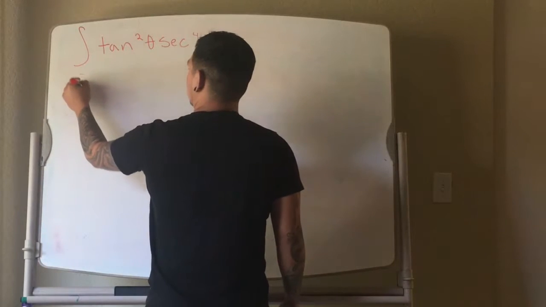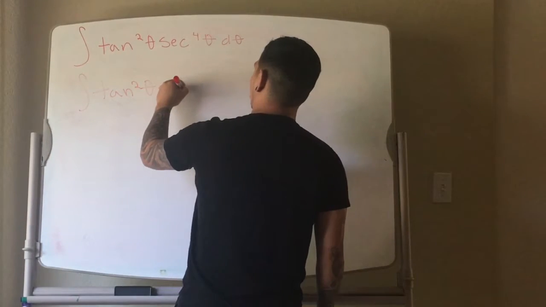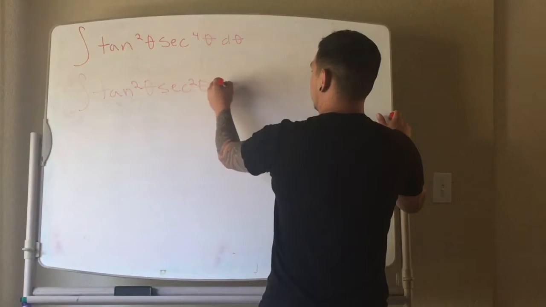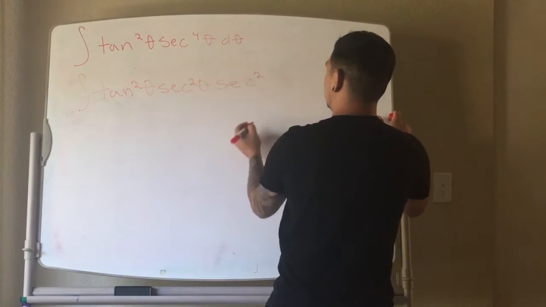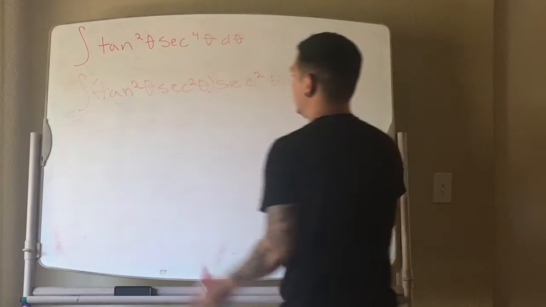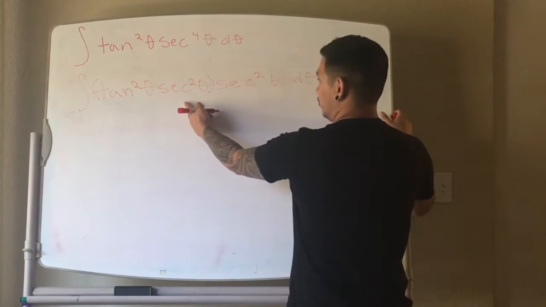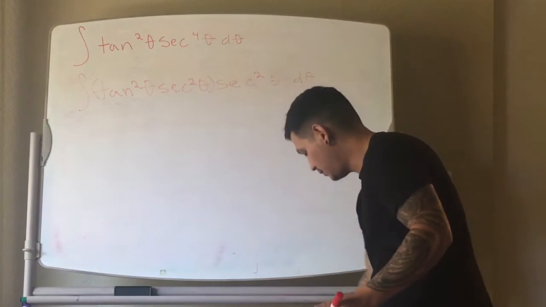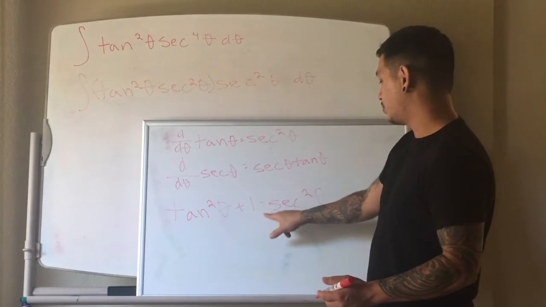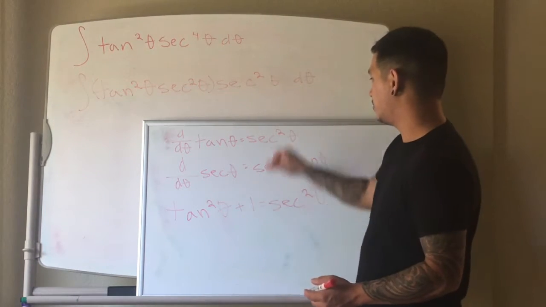So, if we pull out a secant squared, this is equal to the integral of tan squared theta secant squared theta d theta, right? So from here, what about the other secant squared theta? Well, if tan squared theta plus 1 is equal to secant squared theta, secant squared theta is equal to tan squared theta plus 1.